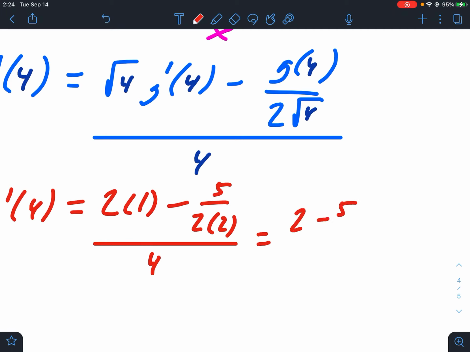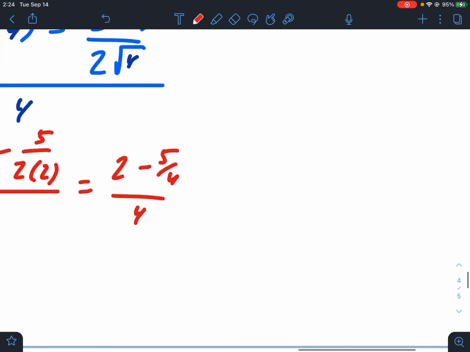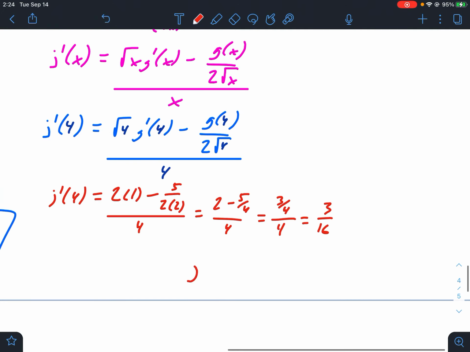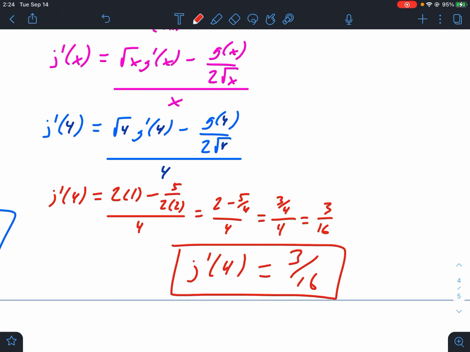And that gives us 2 minus 5/4 over 4. 2 is 8/4, so 8/4 minus 5/4 is 3/4 over 4, which is 3 over 16. So j prime of 4 would be 3 over 16.